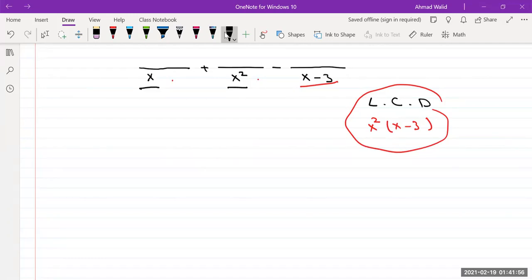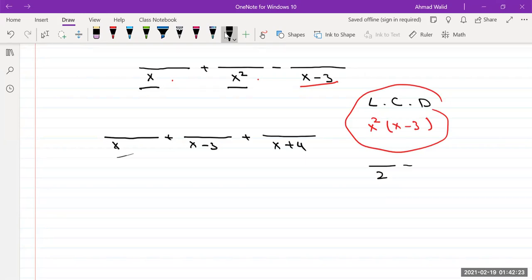One more before solving. x minus 3, here x plus 4. What will be the LCM? You see, nothing is common between them. It's like if I show you numbers, 2 in the denominator, 3 in the denominator, and 5 in the denominator.